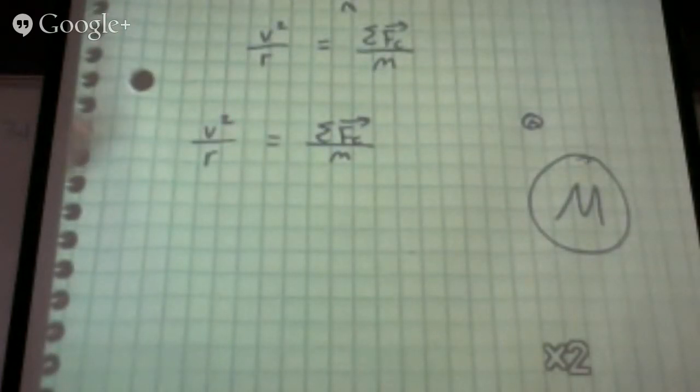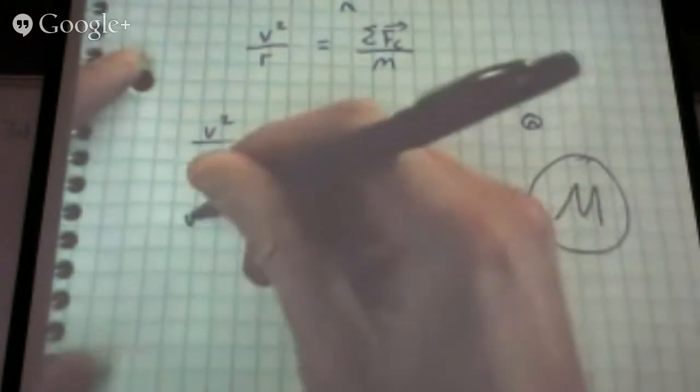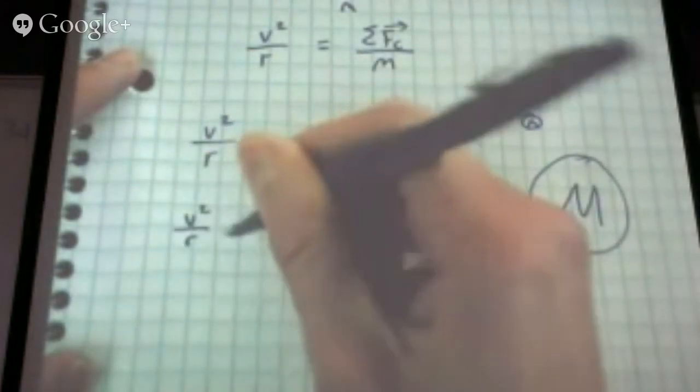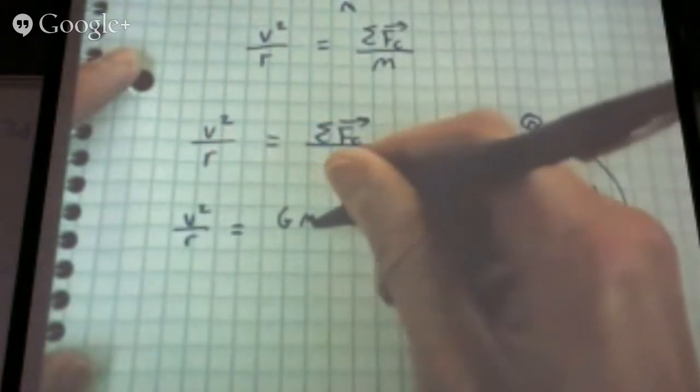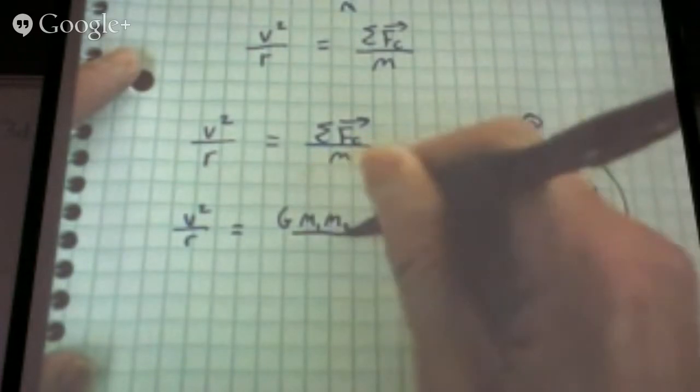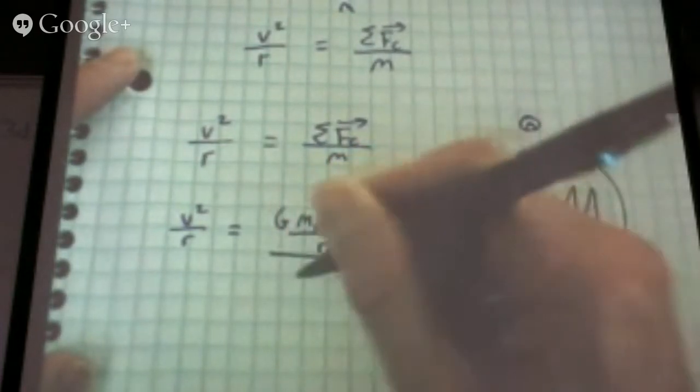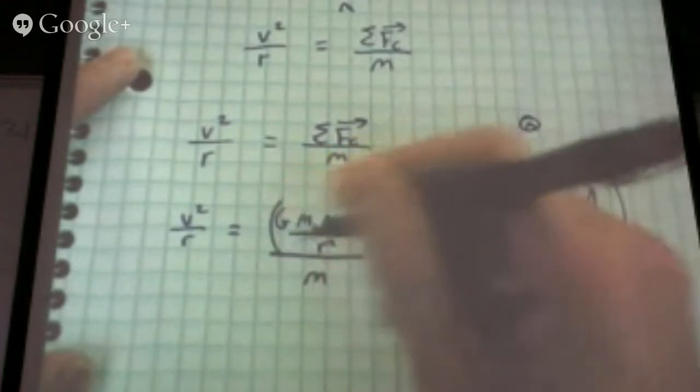My force toward the center of the circle, I could write with the law of universal gravitation. So I write that as v squared over r equals G m1 m2 over r squared, divided by m.